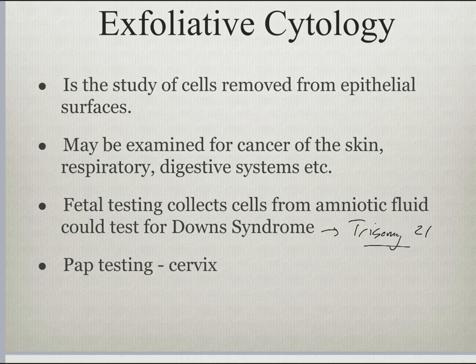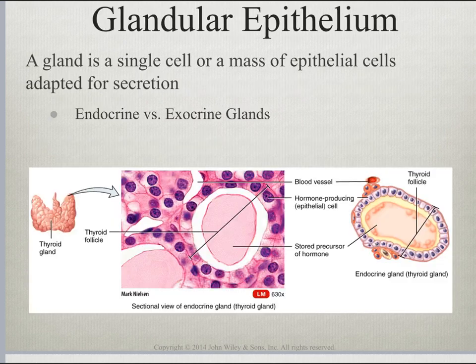So we're testing the cells of the cervix, looking for cervical cancer. So it's very important that we understand epithelial anatomy and physiology so that we can understand how they are affected when exposed to disease or disorders.